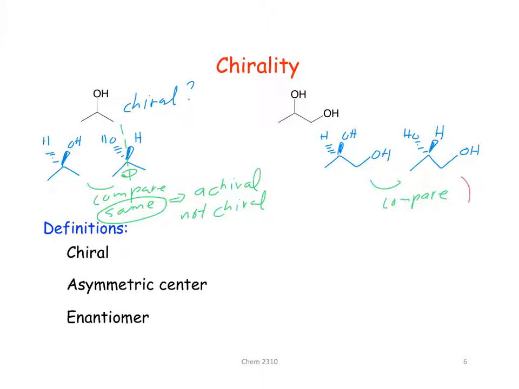Okay, so I'm going to take this one and rotate, like I did before, around this axis here by 180 degrees. So that's going to put the OH on the left, like this. The H was forward, so now the H is back. The OH was back, and so now the OH is forward. So let's compare these two. Right, so those two are mirror images.